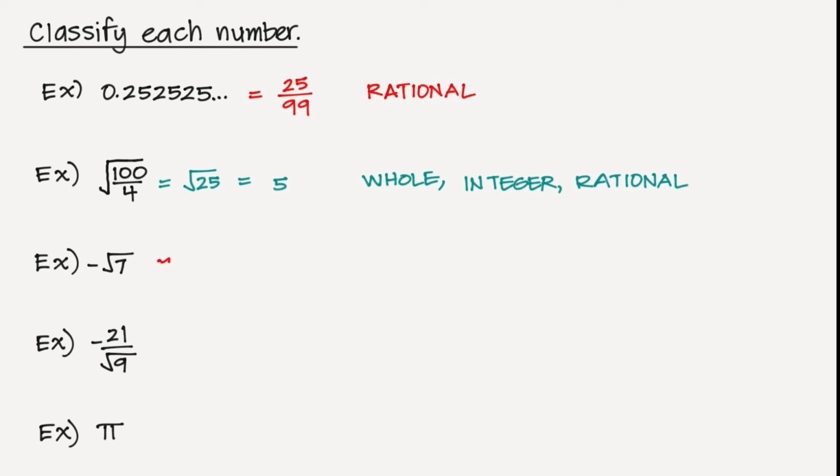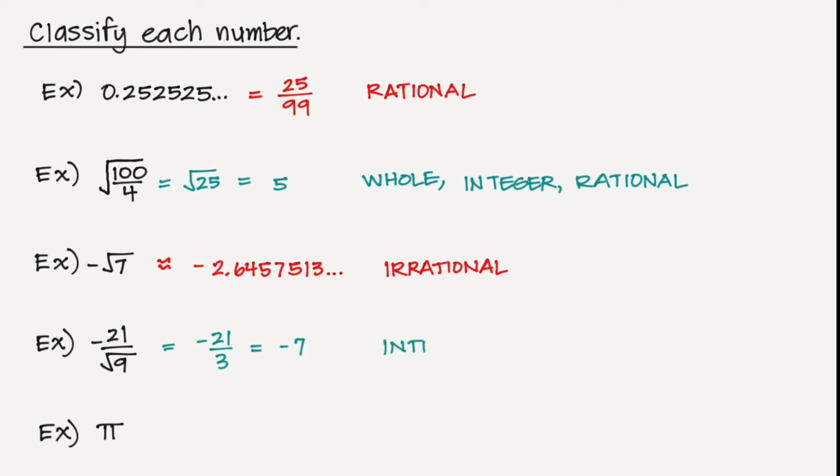Our next example is negative the square root of 7, which I would need my calculator for. It's about -2.64575513, going on and on and on forever. So this would be an irrational number. The following example is -21 over the square root of 9, which simplifies to -21 over 3, which equals -7.